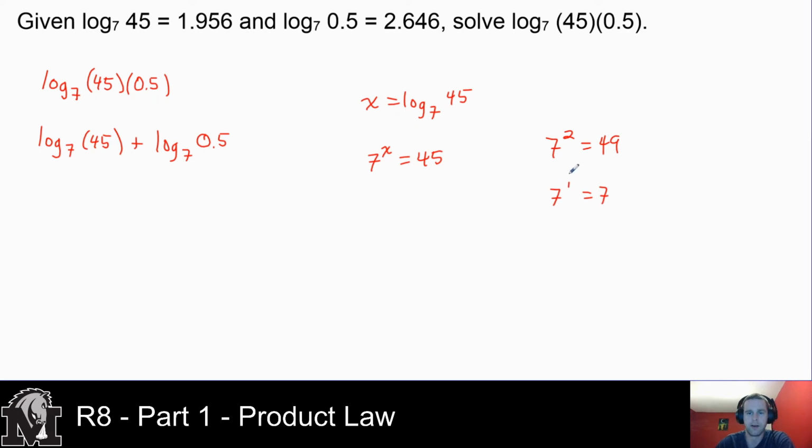So obviously the answer is going to be between 1 and 2, closer to 2, but I can't accurately guess what that's going to be.